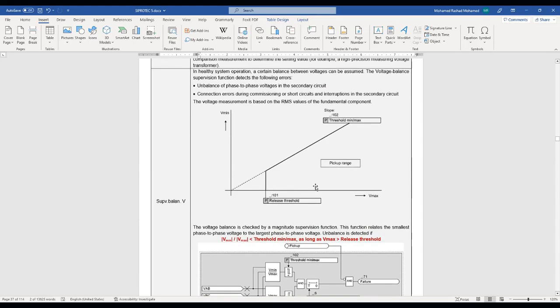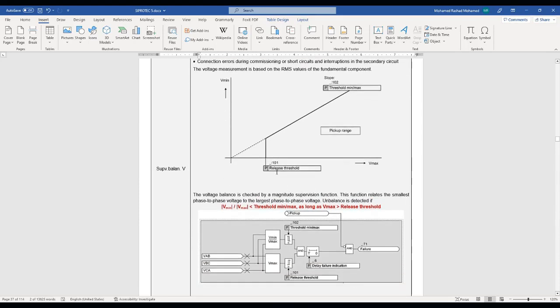It's not just a single setting. You have a method where, as the maximum increases, you increase your restraint, similar to the differential. So I need the value of the minimum to the maximum. For example, if my maximum has increased significantly, then the value of the smallest one, compared to the largest one, must also increase. The two should not be close to each other, and both should be large.